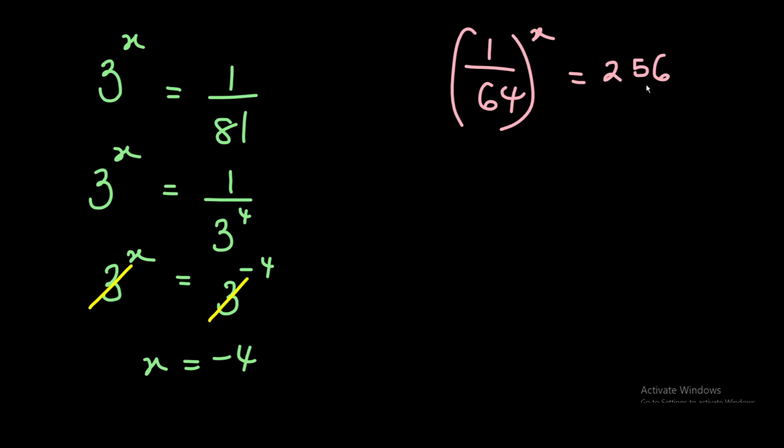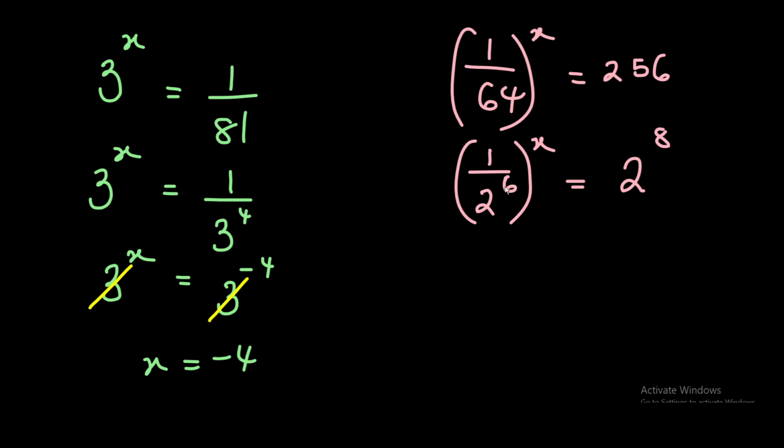What is common could be 2 to the power of something, because 64 can be written as 2 to the power of 6. And I know 256 can be written as 2 to the power of 8.